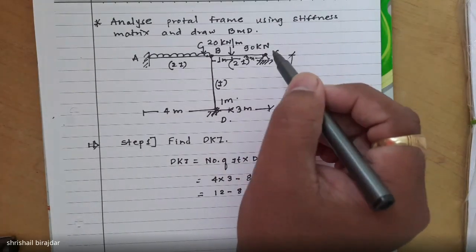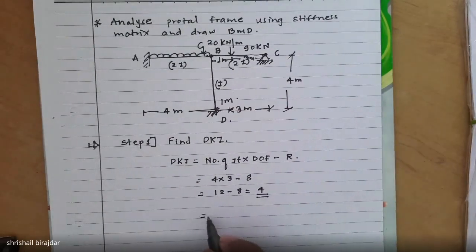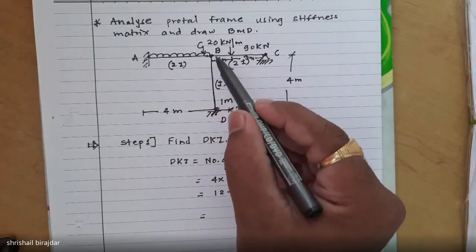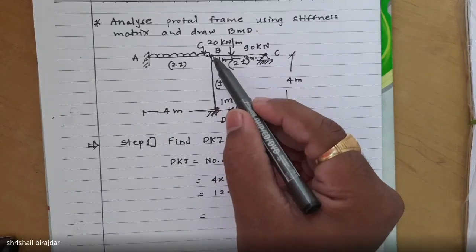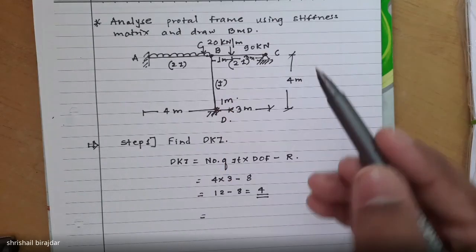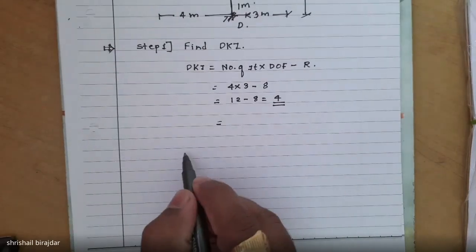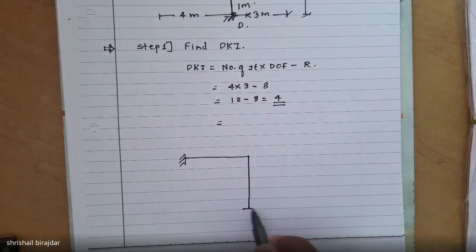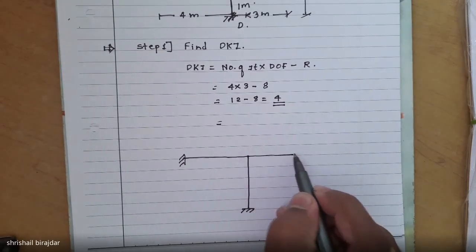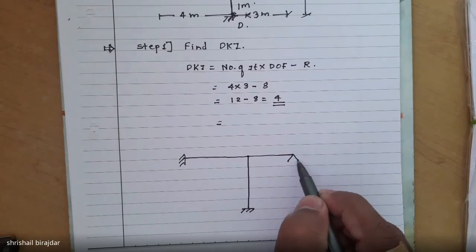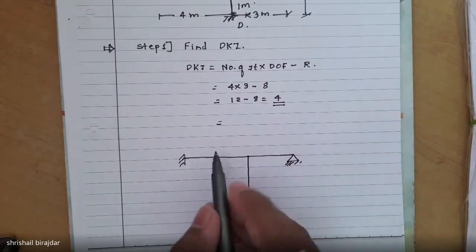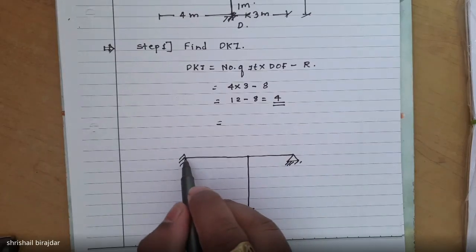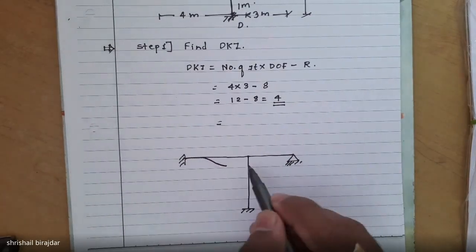You need to understand here, at this particular joint only theta is present because this is the intermediate joint. If you consider the bending profile of this particular beam, it will look like this, or we simply call it the deflection profile. After applying the force, it will deflect like this.